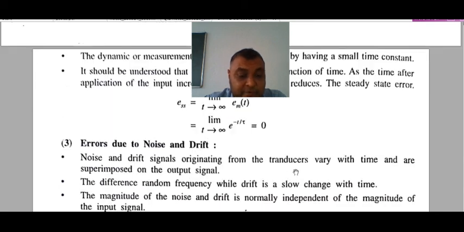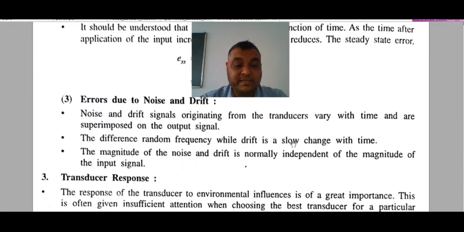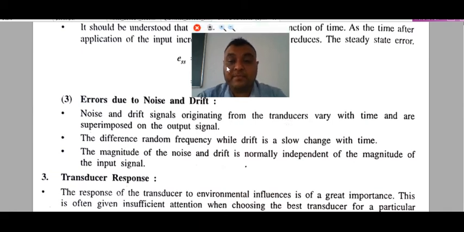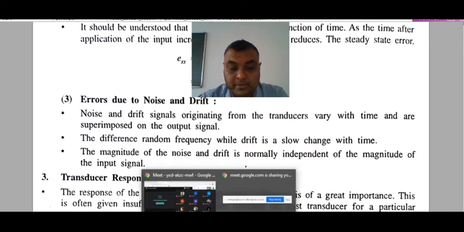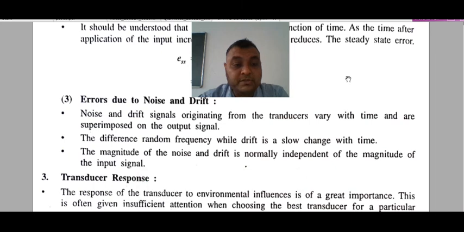One more error that is given: errors due to noise and drift. Noise and drift signals originating from the transducer vary with time and are superimposed on the input signal.